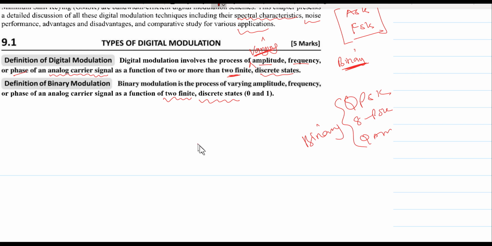Whereas when you're talking about BPSK, BASK or BFSK, then these are the ones that can be categorized as falling under binary modulation.